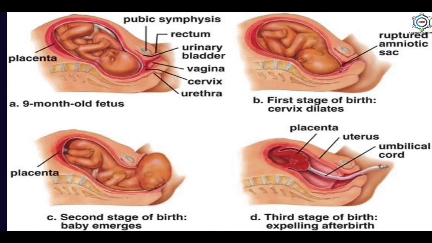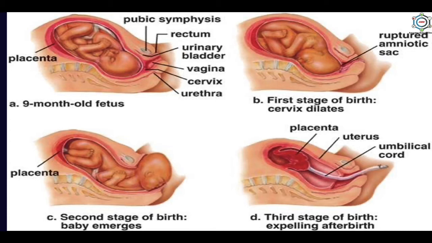The uterine contractions become more powerful and are accompanied by contractions of the abdominal wall. With these contractions, the young one is gradually pushed outward through the dilated cervix and vagina with the head foremost and is finally delivered, that is born into the outside world where it draws its first breath.